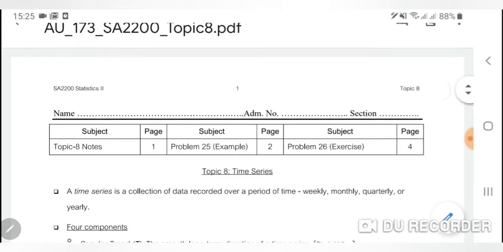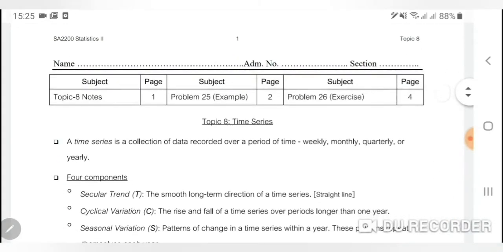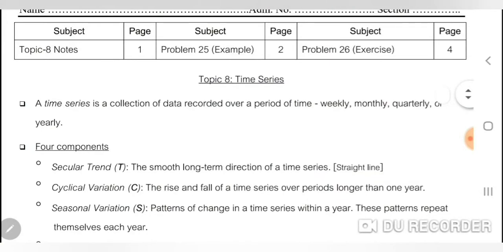Time series. A time series is a collection of data recorded over a period of time. Therefore, mathematically, this is a record of time and a record of data together.